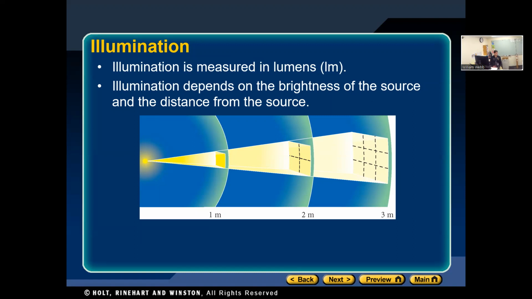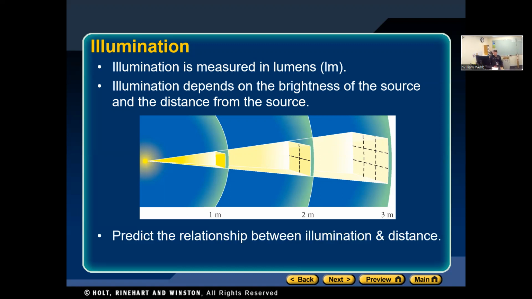It's an inverse square rule, like we had on the test this last time, where if you double the distance of the sound source, it gets a fourth as loud. And if you double the distance on a light source, it gets a fourth as bright. So it's that same sort of reciprocal inverse square rule, and it allows us to predict how bright a light will be based on the distance.